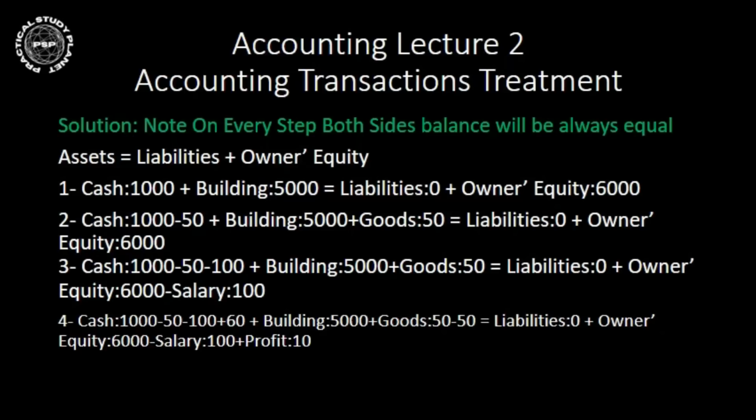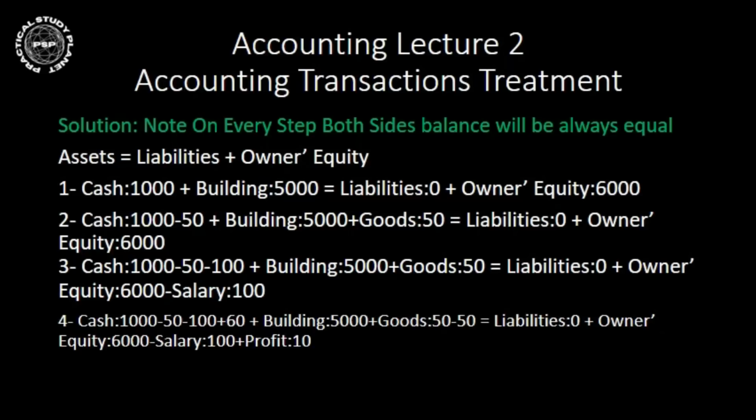The next one, the goods sold with a 10 profit. The goods cost 50 but were sold for 10 more, so cash will increase by 60.